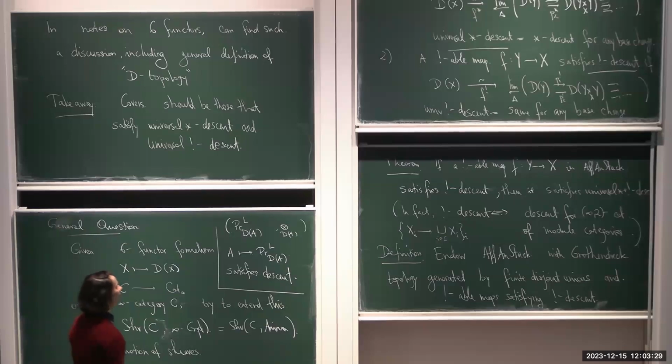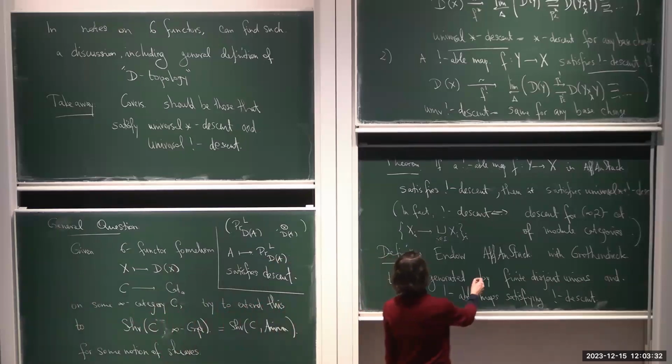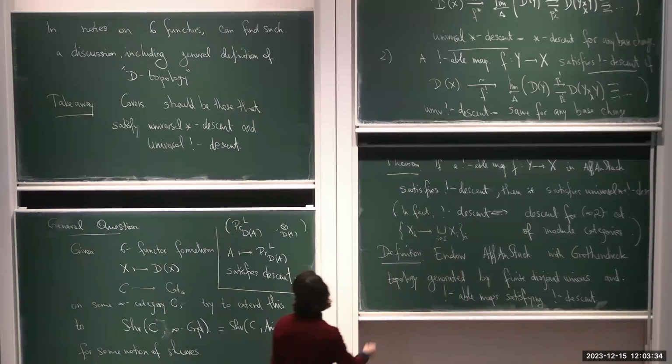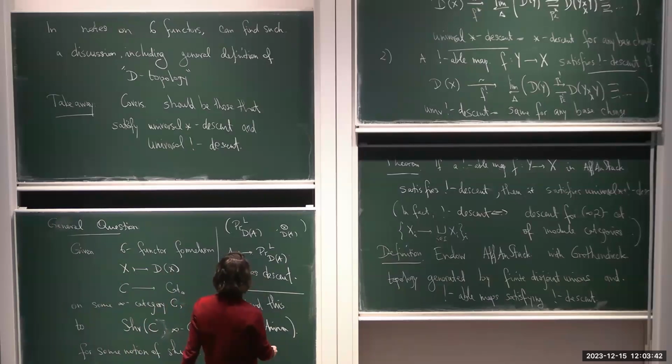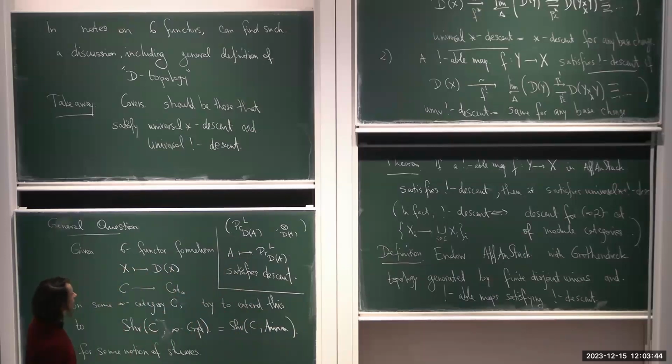So for example, a derived category of a B over A is in this category. Derived category of an A algebra, right? Yes. Okay, so you are giving such things locally, then you are given check descent.